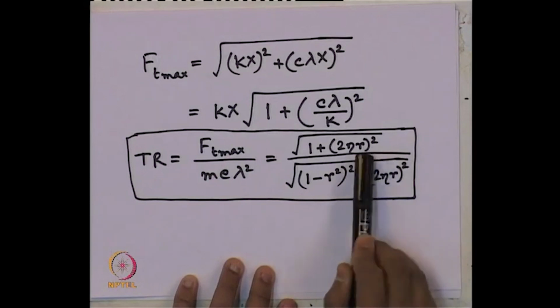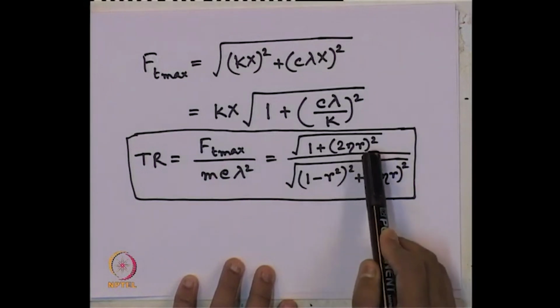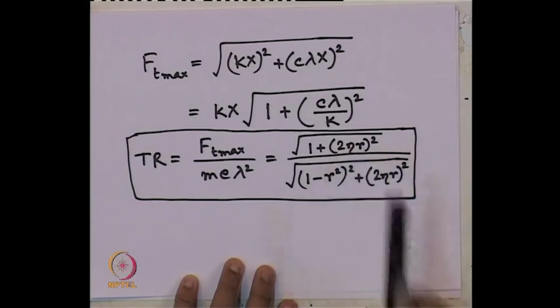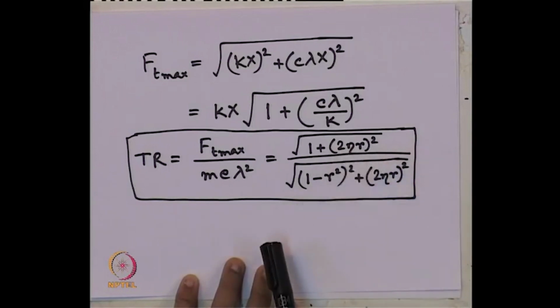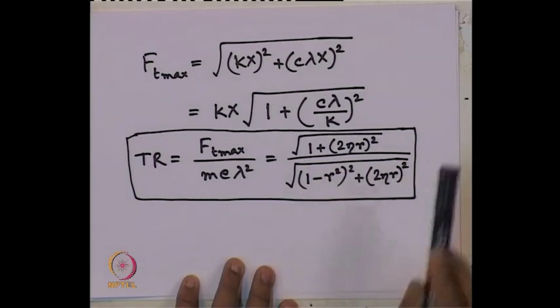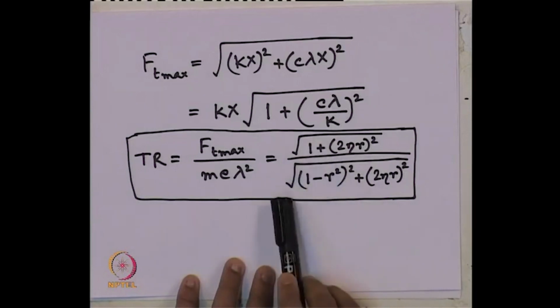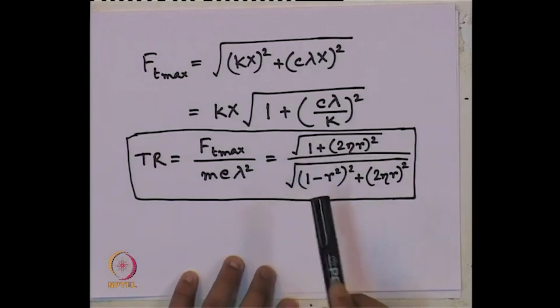When R, the frequency ratio, is 0, whatever be the value of our damping ratio, how much is the value of the transmissibility ratio? This is 0, so this comes to 1, this also vanishes, this vanishes. So, we get transmissibility ratio 1 at frequency ratio 0.